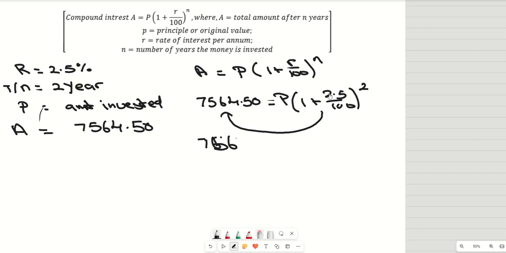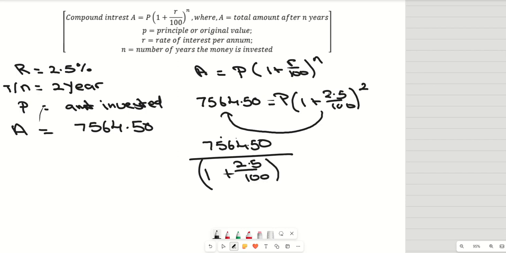7564.50, hold on, let me erase this. 7564.50 all divided by open bracket 1 plus 2.5 over 100 to the power of 2.